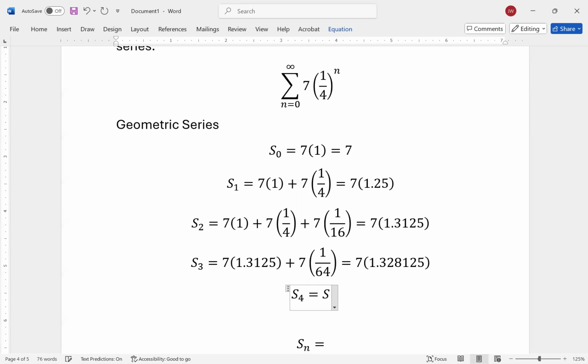So basically S4 is S3, which we saw right here, plus 7 times 1 over 256.